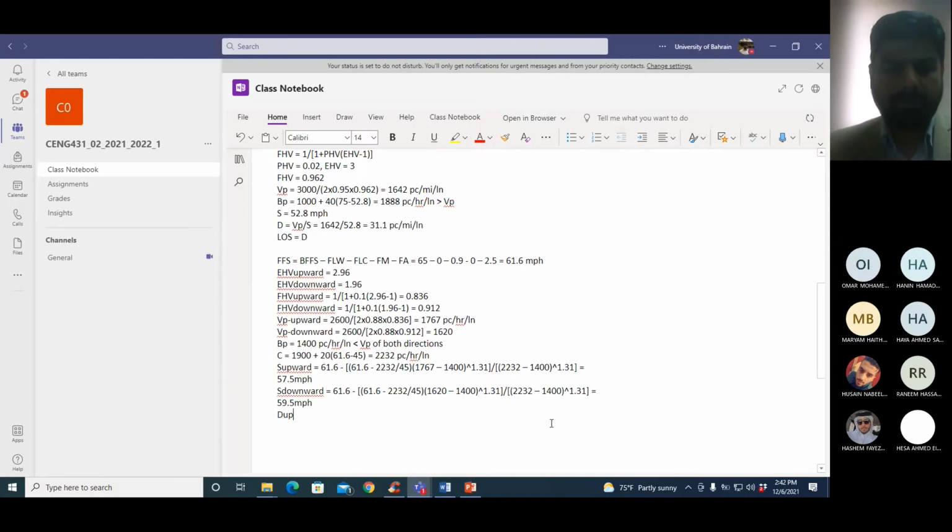Then you will calculate density for upward and downward conditions. Density is flow upon speed. Flow for upward is 1767 divided by speed, which is 57.5. Then you will do the same thing for the downward condition as well.